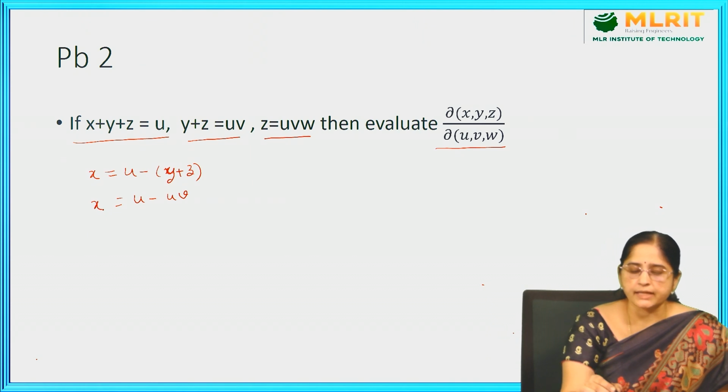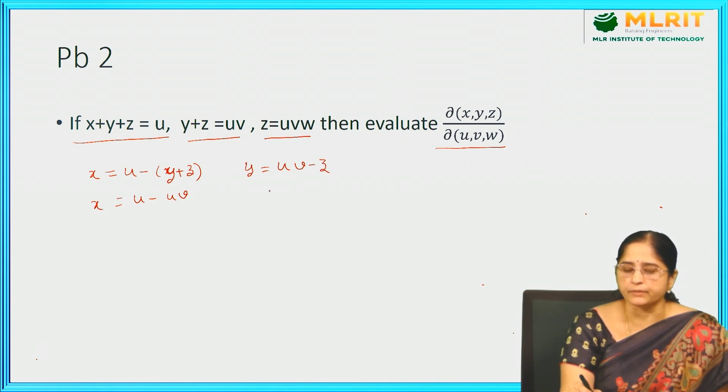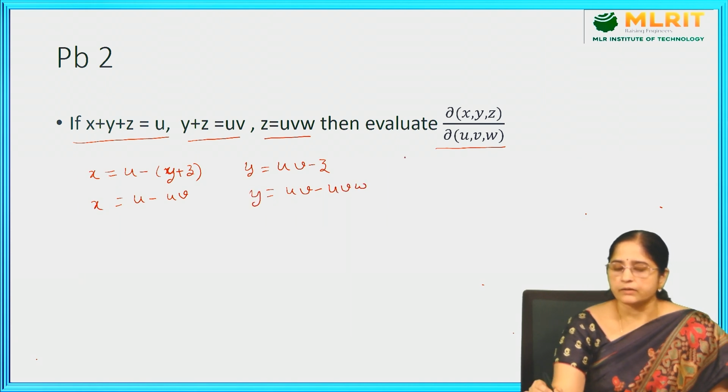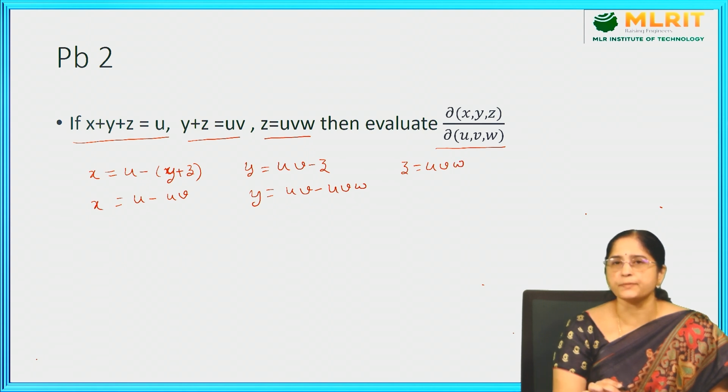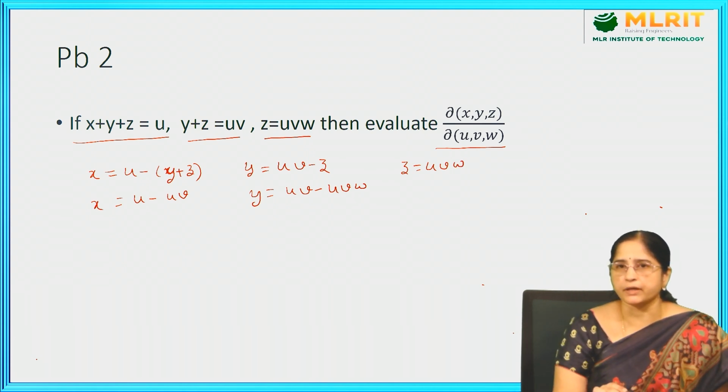And next one is y plus z equal to uv. From this y equal to uv minus z. Already we know z is uvw. That's why y equal to uv minus uvw. Next z is a function of u, v, w. No problem. So x, y, z are functions of u, v, w.